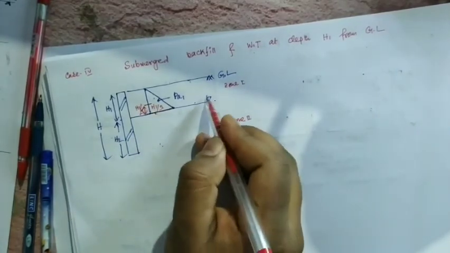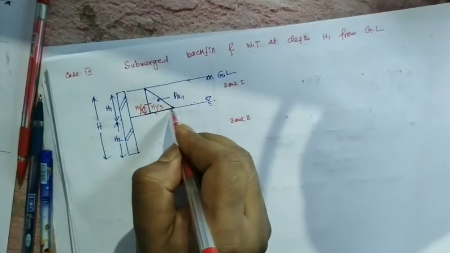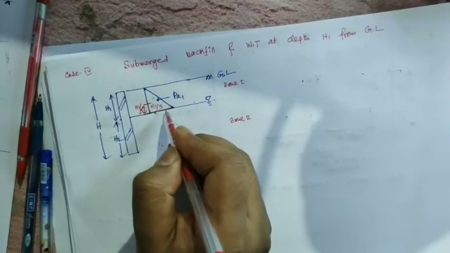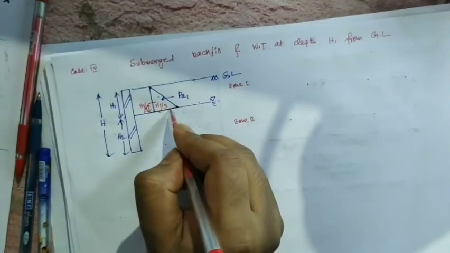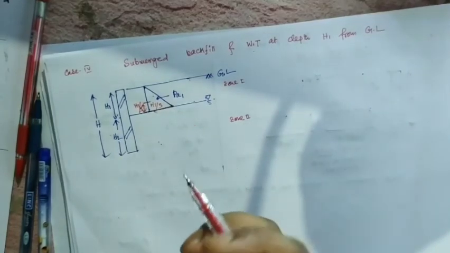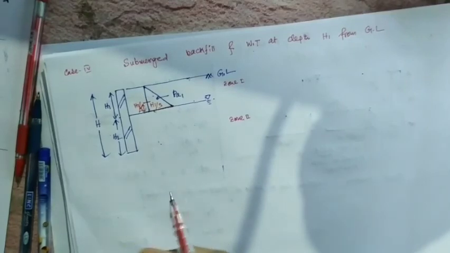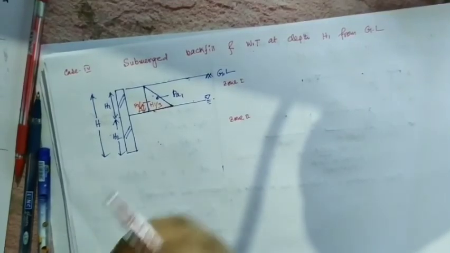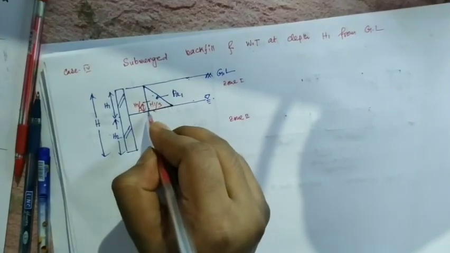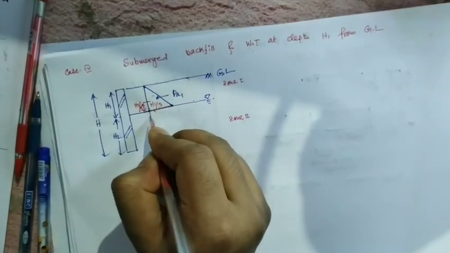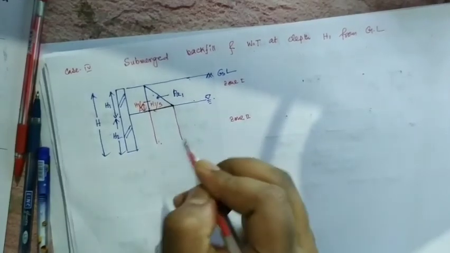But look, this pressure will behave like a surcharge when it goes through the second zone. That means this pressure will be treated like a surcharge. As I said, a surcharge pressure diagram is always uniform, that means rectangular.